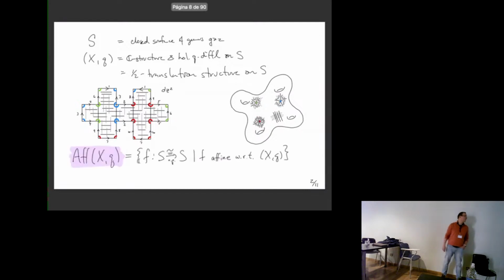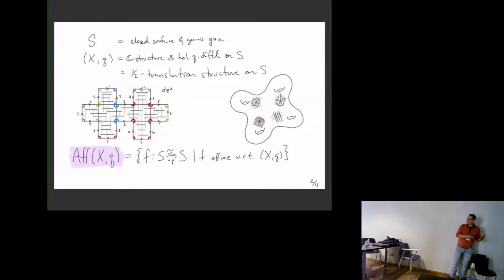Okay. And then the object that I'm interested in associated to this is the affine group. Here you think about, we've got this Euclidean cone metric, this flat metric, and I want to look at orientation preserving homeomorphisms from the surface to itself, which are affine with respect to this structure.